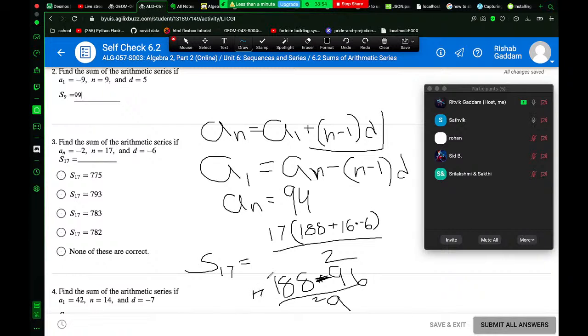Before the 188, you're supposed to put brackets, and a 17. Okay, yeah, and so you have 92 times 17, and so you're supposed to divide this by 2.